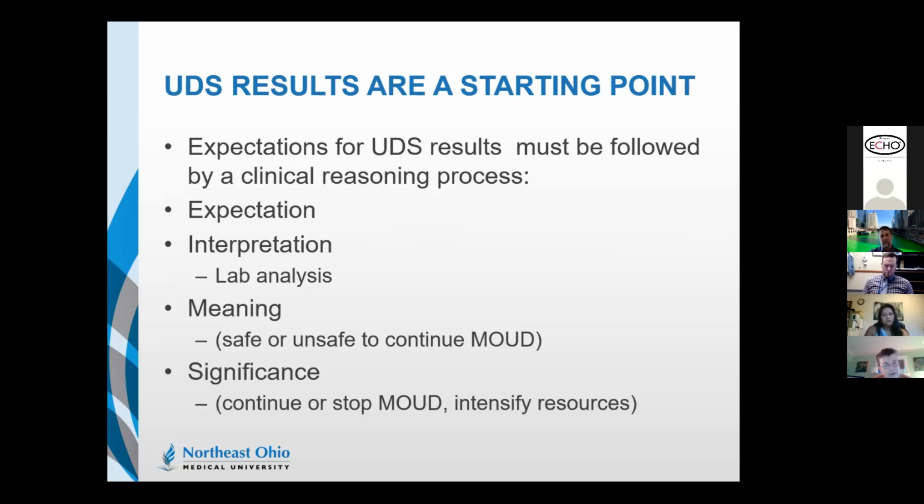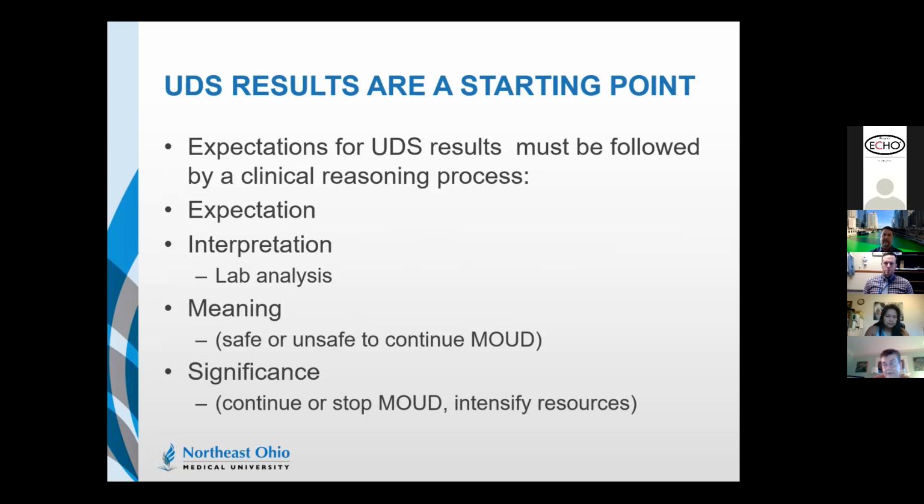I just know they're not doing very well in recovery and something seems to be wrong. I'm going to ascribe different meanings to those 2 positive tests. And I'm mostly going to be thinking, is it safe or unsafe to continue medication for opioid use disorder?